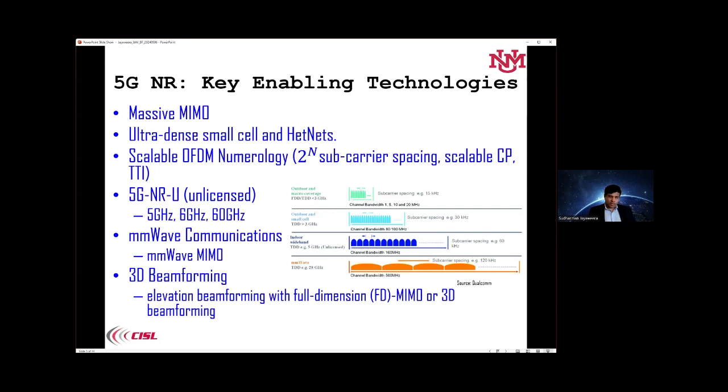But along with millimeter wave communication, an important technique is 3D beamforming. Compared to the traditional two-dimensional beamforming that I will talk about in a minute, 3D beamforming allows one to consider beamforming also in the vertical or elevation dimension. Because of that, it is sometimes called full dimension MIMO or 3D beamforming.